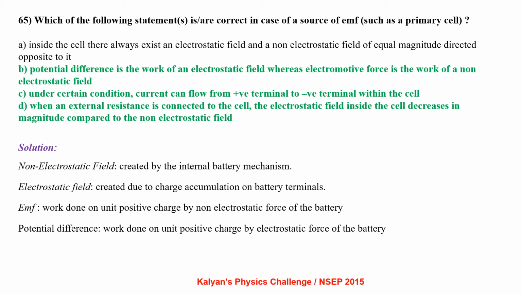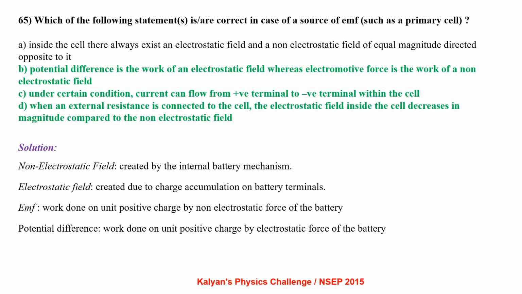Under certain conditions, current can flow from positive terminal to negative terminal within the cell. When an external resistance is connected to the cell, the electrostatic field inside the cell decreases in magnitude compared to the non-electrostatic field.